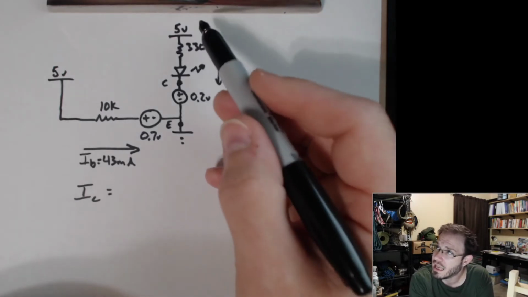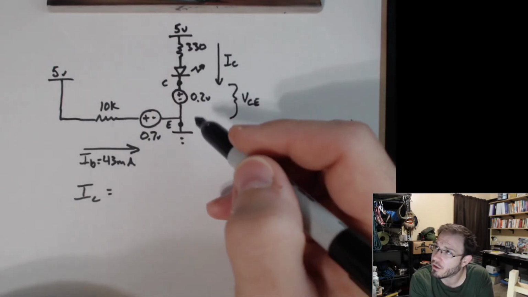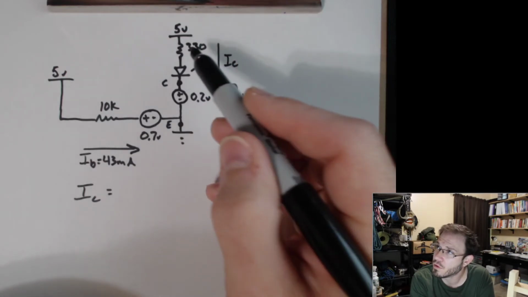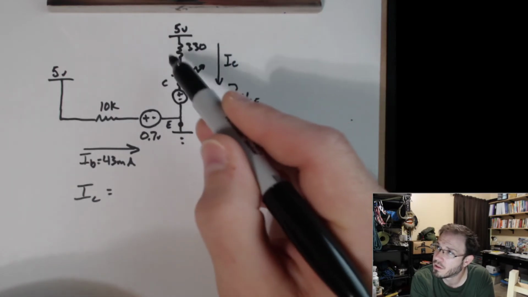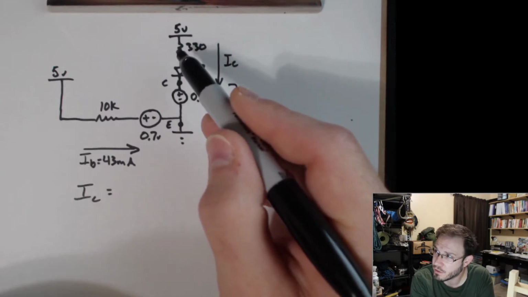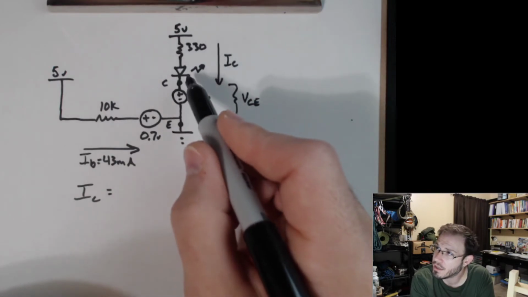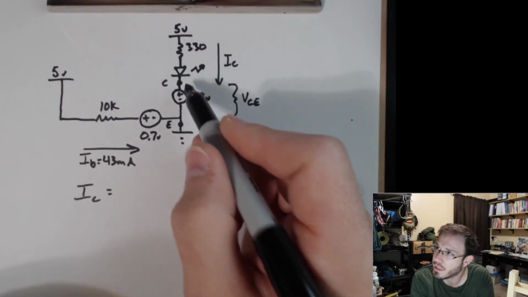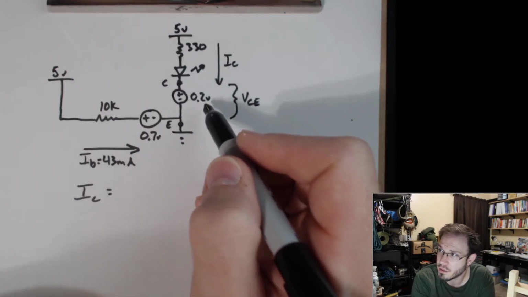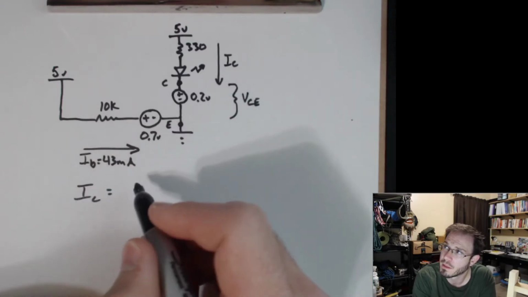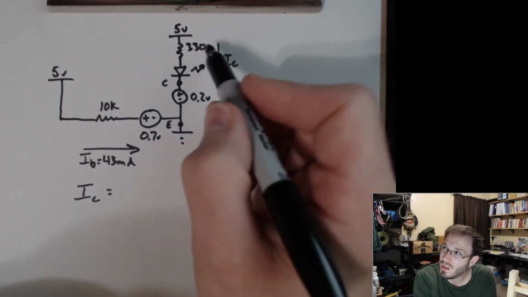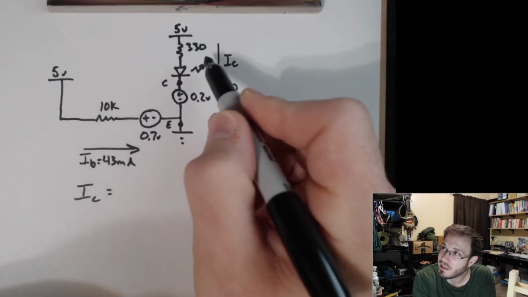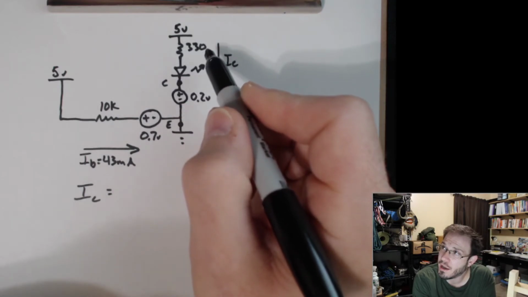If you look again at this KVL loop, I have 5 volts minus a voltage drop across this 330 ohm resistor, but across the diode I have a fixed 0.7 volts, and across the transistor between the collector and emitter I have a fixed 0.2 volts.